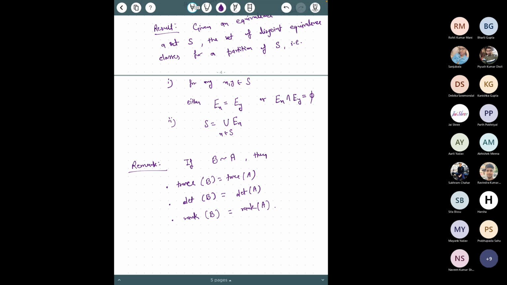Not only that, after introducing some other terms, you can say that they have the same characteristic polynomial, the same eigenvalues, the same minimal polynomials.